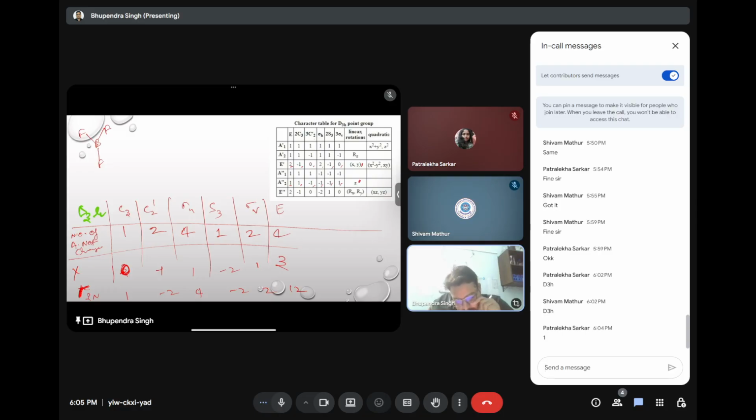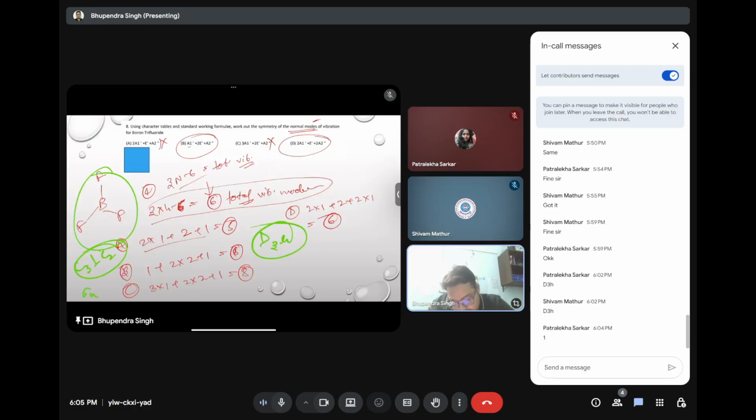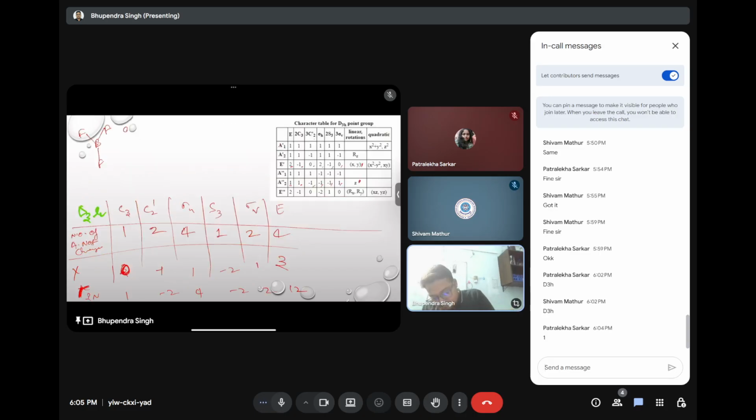See which one is common: A1', E', A2'' are common. So let's solve for A1'. If you get 2 A1', then this answer is correct; if you get 1 A1', then that answer is correct. For A1', the order h is 12.